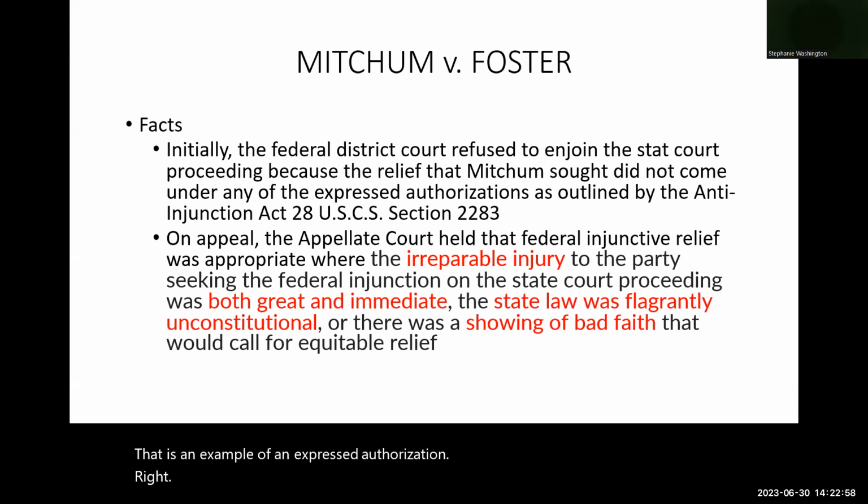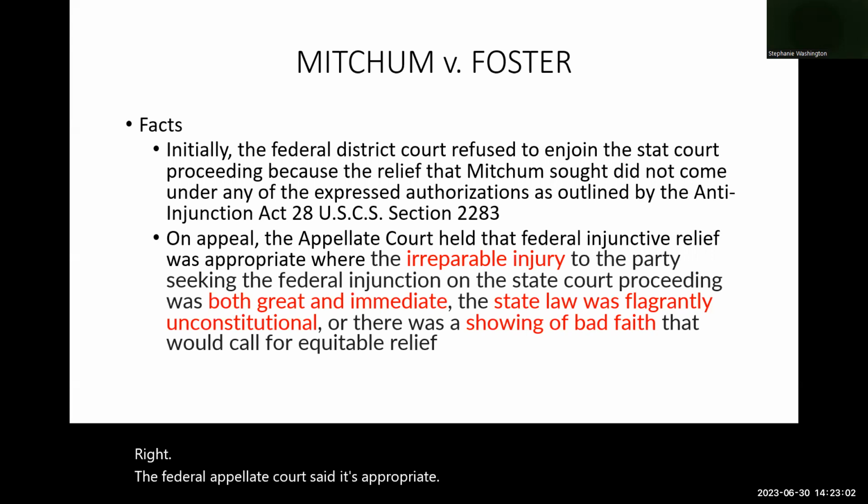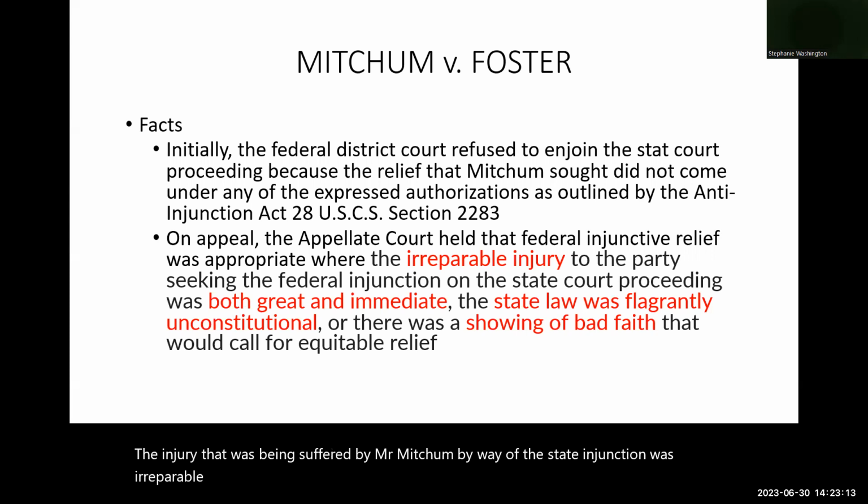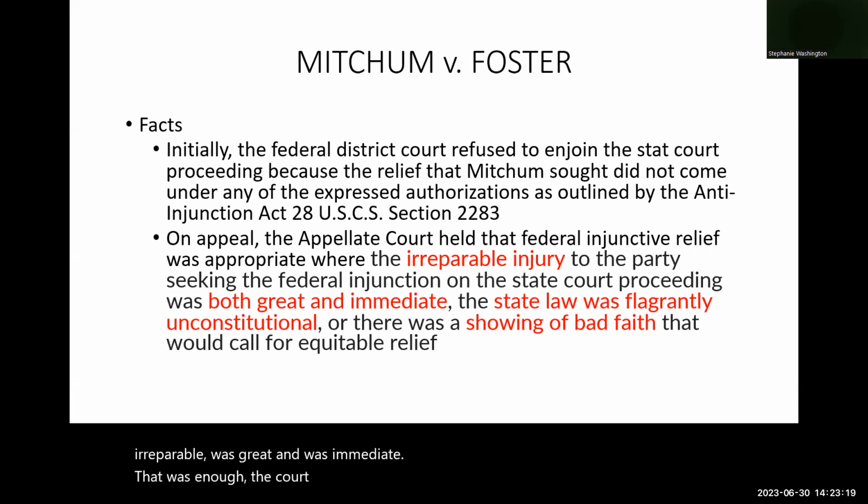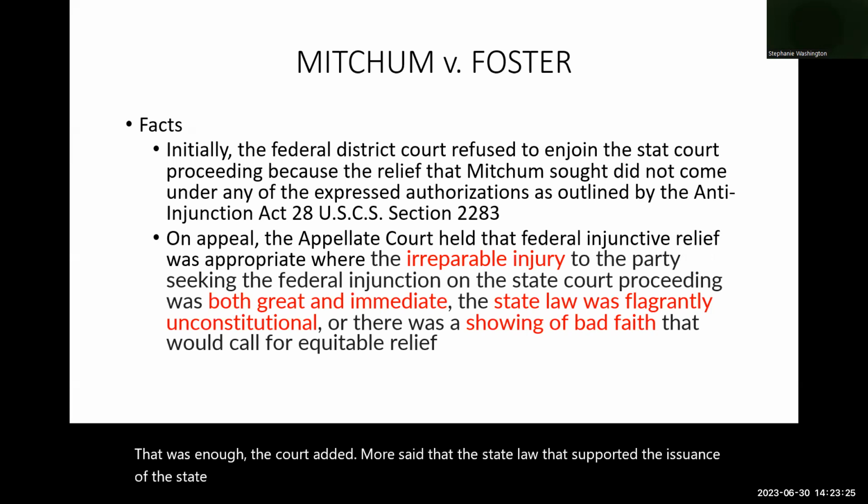The federal appellate court said it's appropriate because the injury that was being suffered by Mr. Mitchum by way of the state injunction was irreparable, was great, and was immediate. That was enough. The court added more, said that the state law that supported the issuance of the state injunction against Mr. Mitchum was flagrantly unconstitutional.